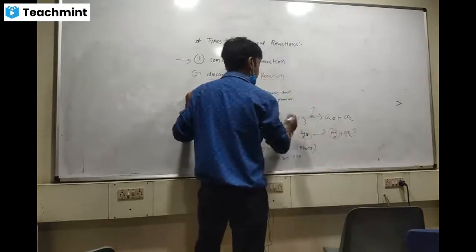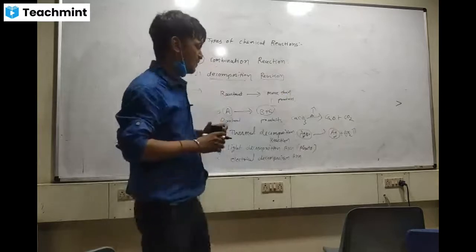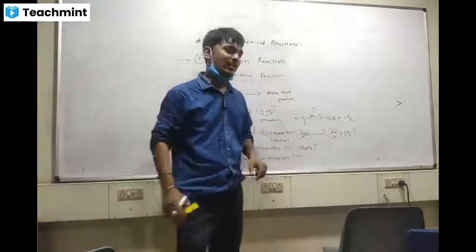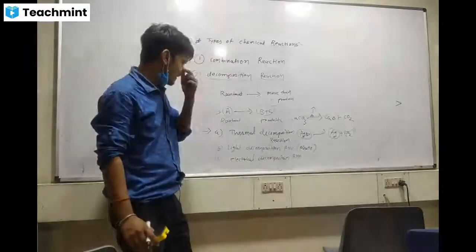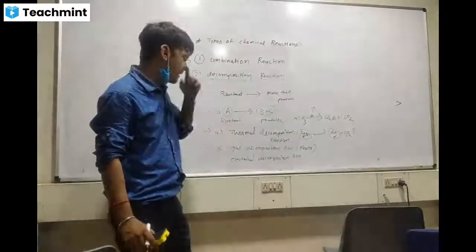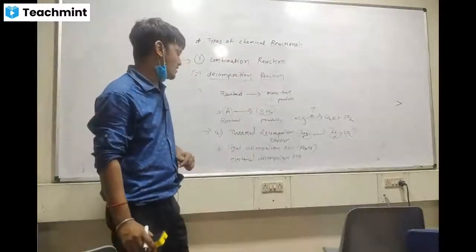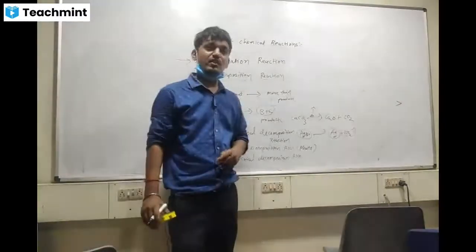Initially we have a white color compound and it turns gray due to light. So this one is the example of light decomposition reaction, and the last one is electrical decomposition reaction.